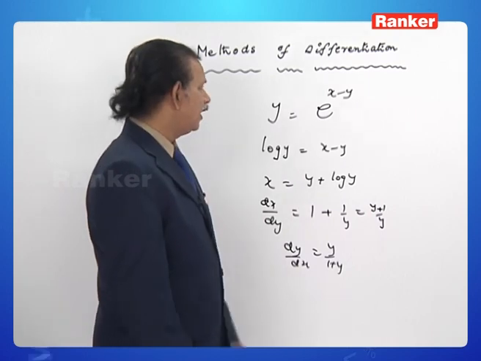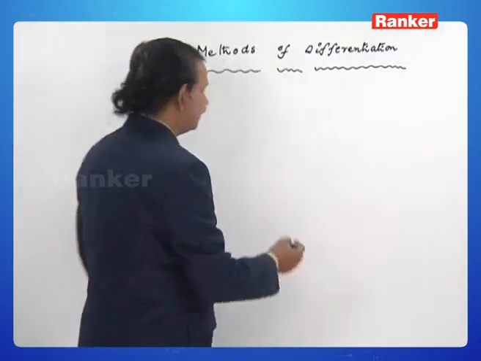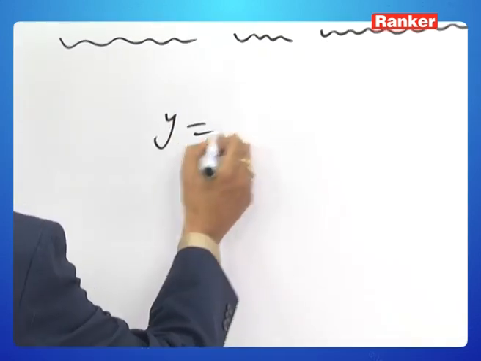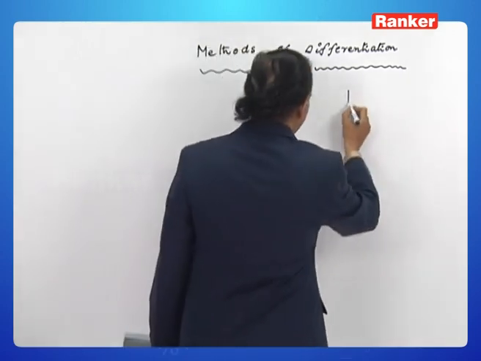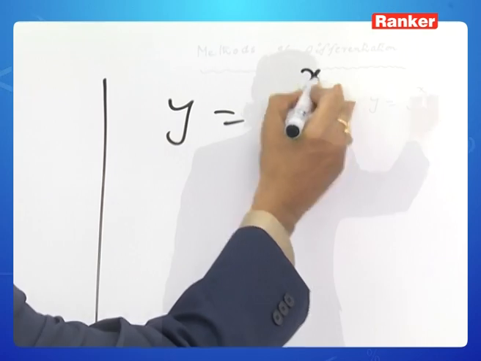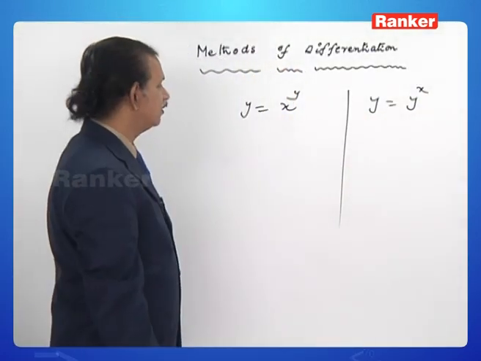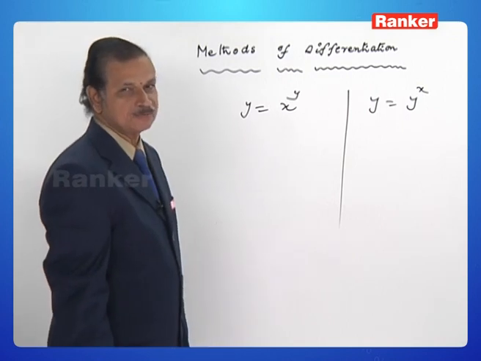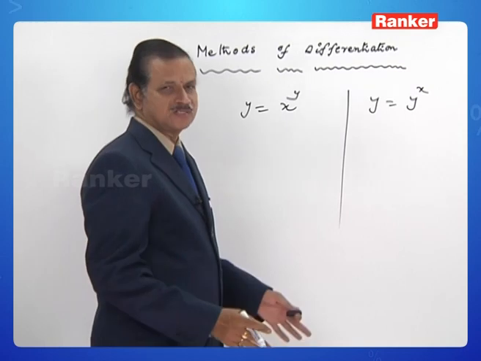Yes. Another famous example I like to quote. You consider y is equal to x power y, or y is equal to y power x. In both the situations, our procedure is the same.